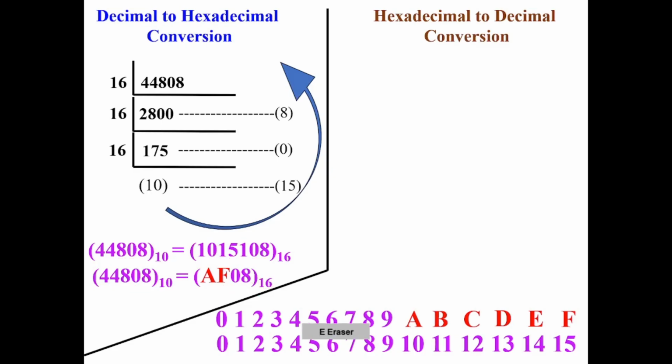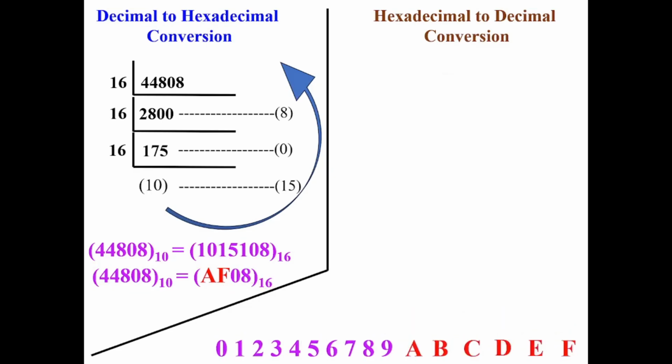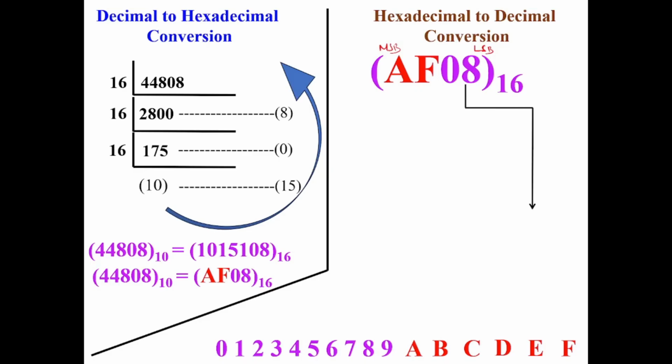Now we are going to verify. Here we considered AF08. The least significant bit is 8, and the leftmost letter is the most significant bit. The least significant bit is multiplied with 16 to the power 0, then 0 is multiplied with 16 to the power 1.